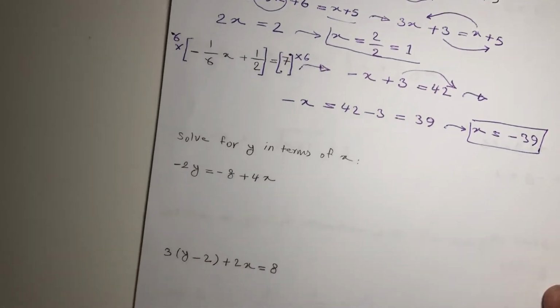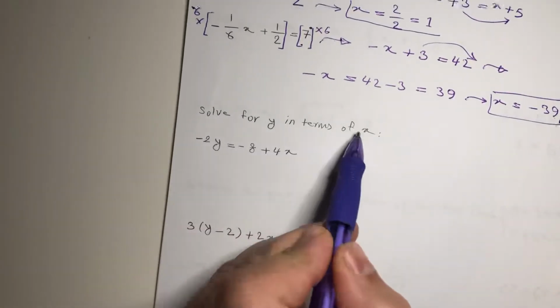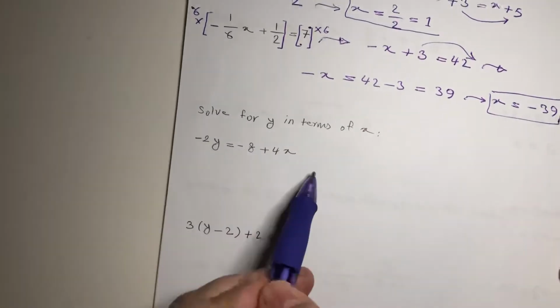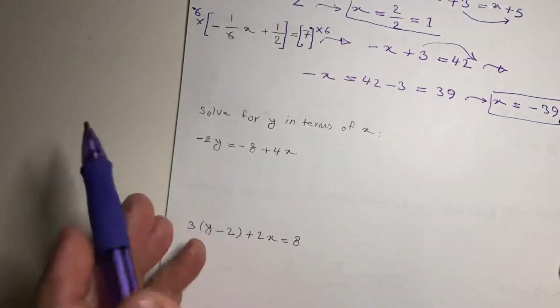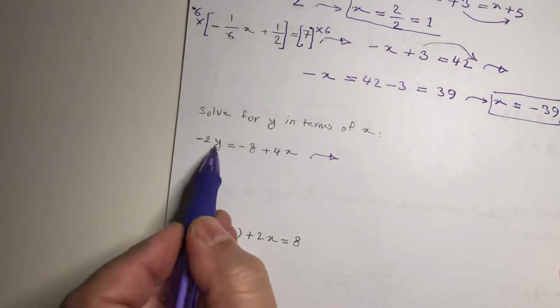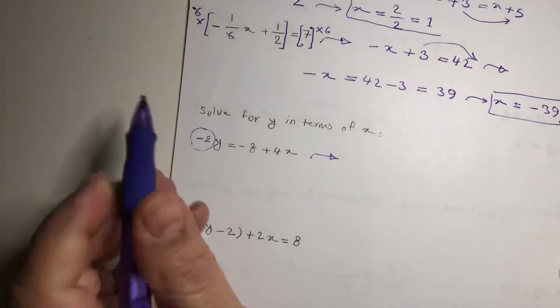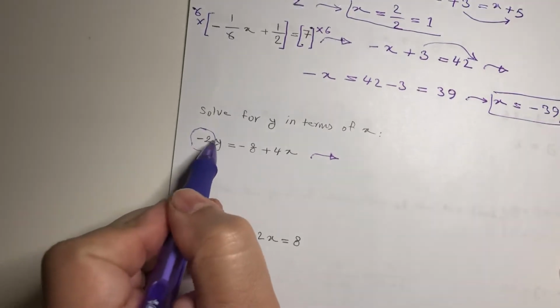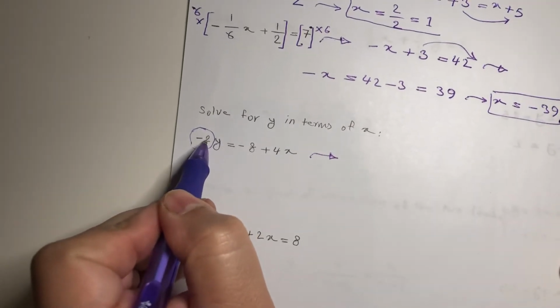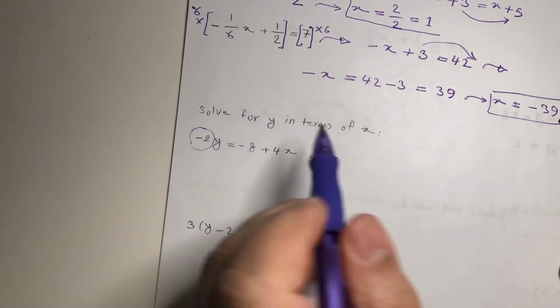Okay, let's look at the other example. Solve for y in terms of x. So we have to find y in terms of x here, right? How can we find y? You can see y has been multiplied by minus 2. Because it's been multiplied by minus 2, we can divide both sides by minus 2 to get rid of this minus 2, right?